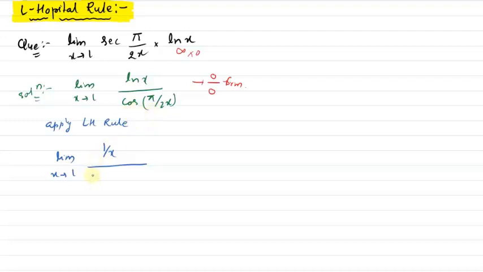Differentiation of cos theta will be first of all minus sine of pi by 2x. Along with it, if we apply chain rule, it will come pi by 2 into minus 1 by x square with it. Is it clear now?